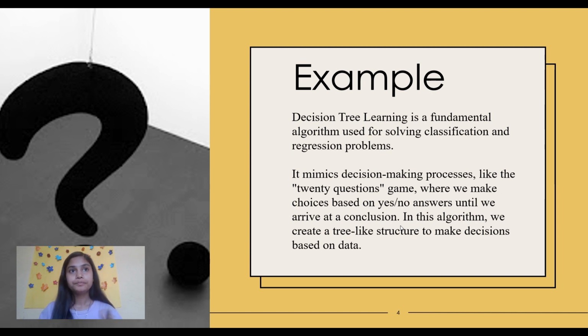It is similar to the 20 question game, not the same thing, where you will be asked some questions and according to that you give answers, yes or no. If you give the answer yes, then we will divide the node onto the right side, and if you give the answer no, then we will divide the node into the left side. Okay, so yeah, that is the thing.